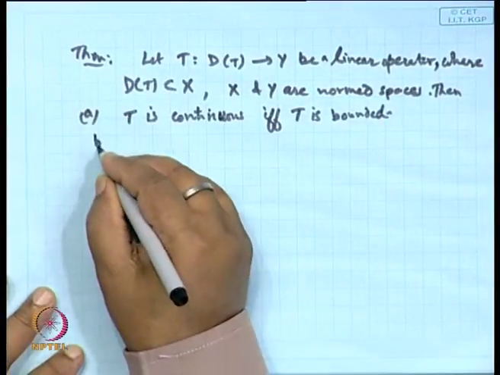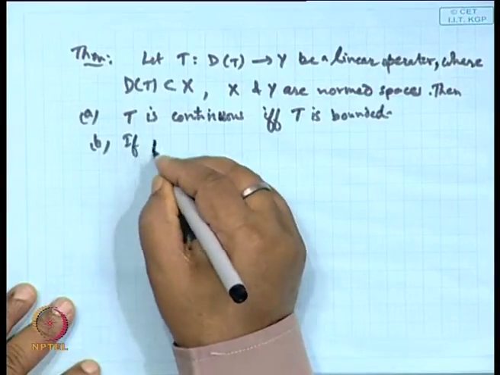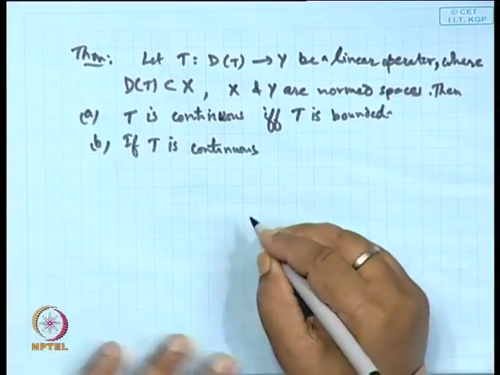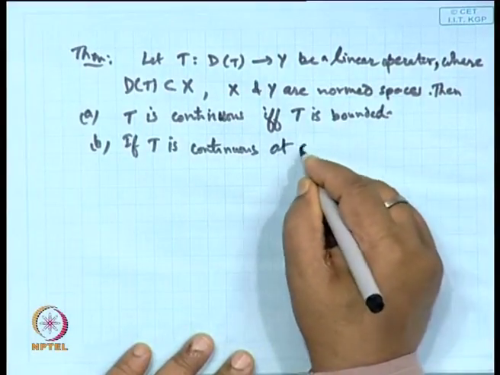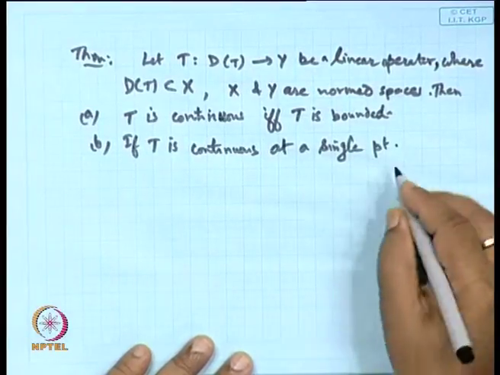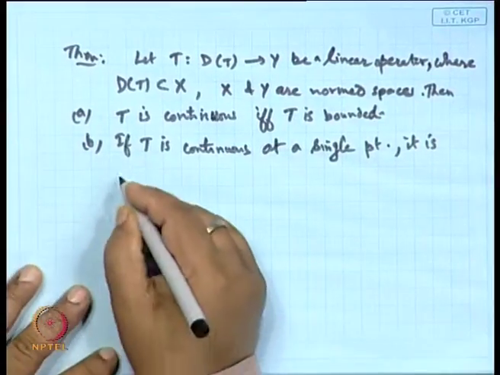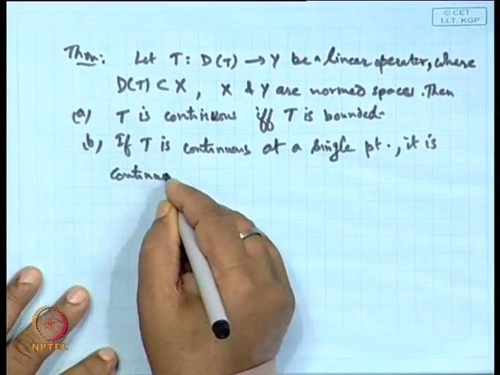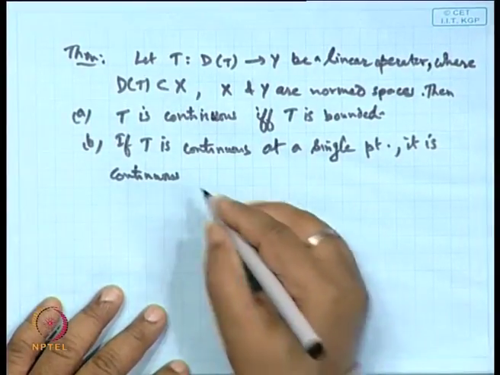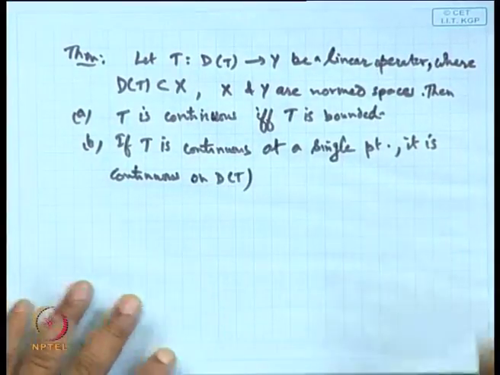Second one: if T is continuous at a single point, then it is continuous throughout the domain D_T.